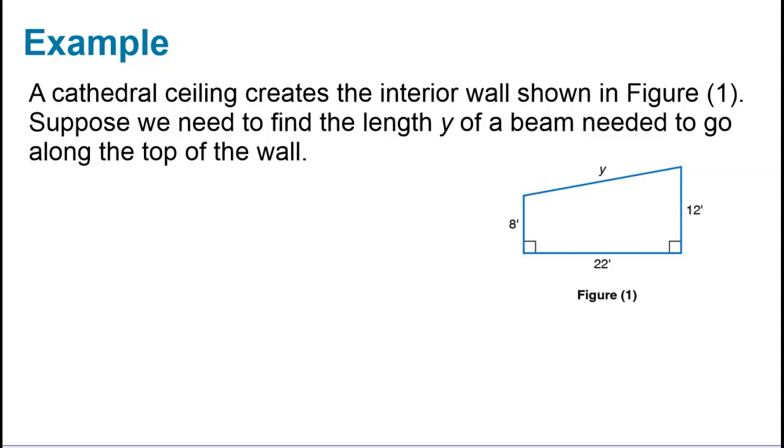Okay, so let's look at this and let's solve this problem. One of the couple things that we know is, since it is a trapezoid, that it has two parallel lines, and we know that because both of these are at 90 degrees, and so that makes them parallel to each other.